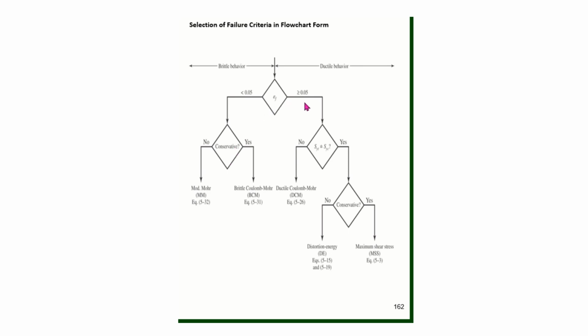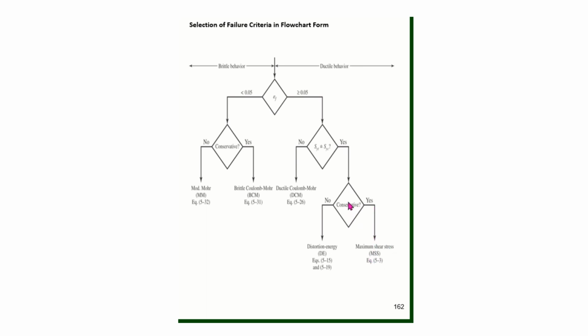Then, if we want to look at the ductile side, where our strain would be greater than 0.05, we'd come over and would say, is our tensile and compressive yield strengths equal to each other? And if they are equal, we can come over here, and if we want to be conservative, we'd use the maximum shear stress theory.